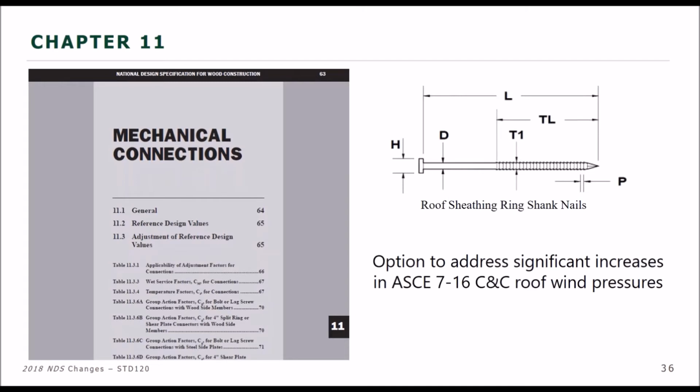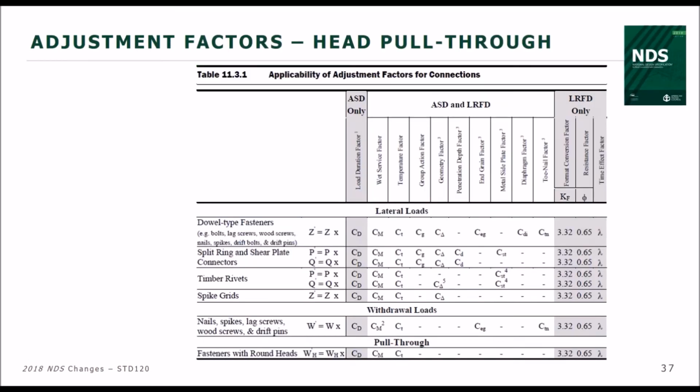Wind uplift related changes include new fastener withdrawal and new fastener head pull-through design provisions, which Buddy will go into in more detail. But we've had to include a provision for fasteners with round heads, and there's a clarification of the adjustment factors for the connections to add head pull-through.